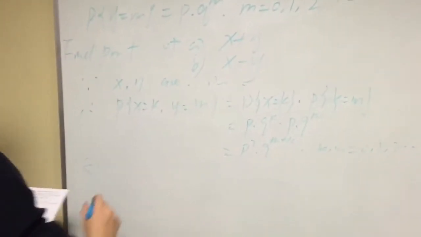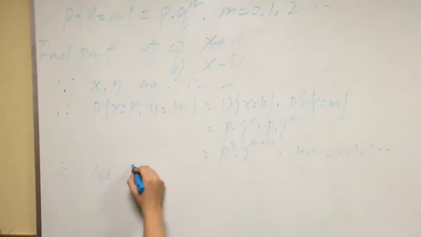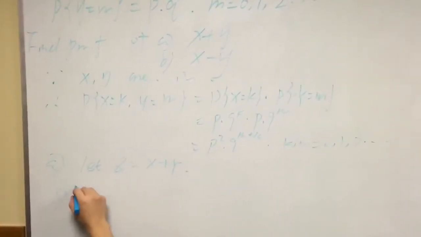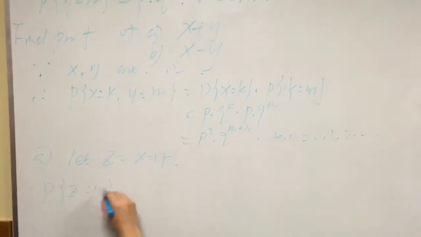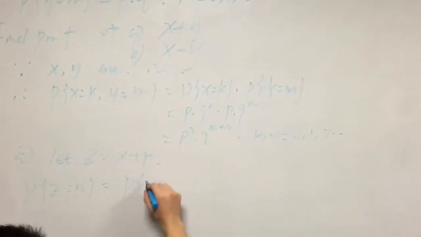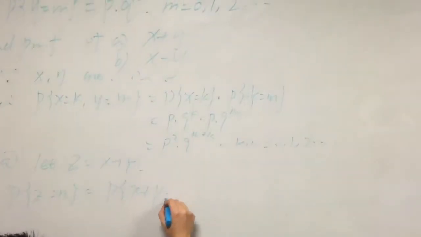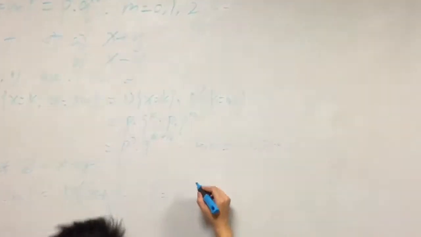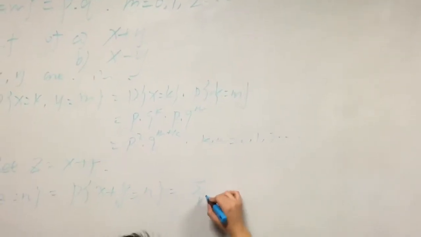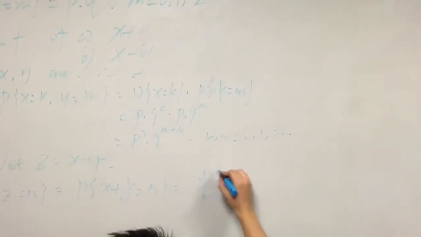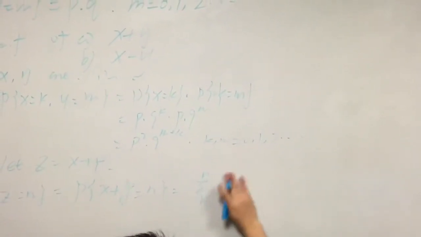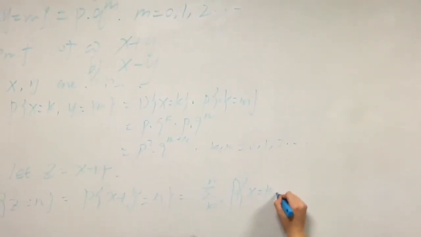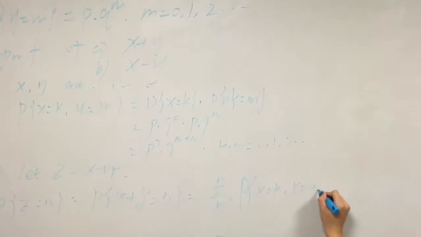So for the first part, we let Z equal X plus Y. So P(Z = n) equals P(X + Y = n), which equals the sum from k equals 0 to n of P(X = k, Y = n minus k).